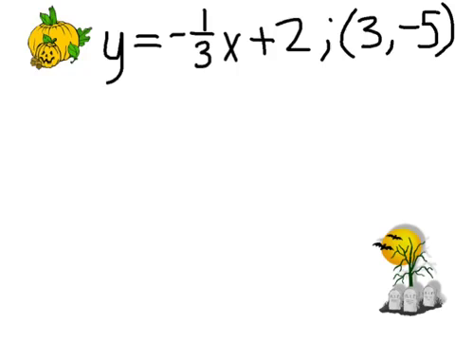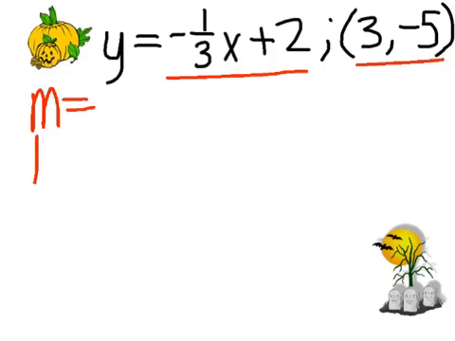Example 7. We have y equals negative 1/3 x plus 2, and our point is 3, negative 5. For this one, we are going to look for the line that is perpendicular to this line and passes through this point. That means we're going to do the same thing. We want to find our slope and our y-intercept, but our slope is going to be different.